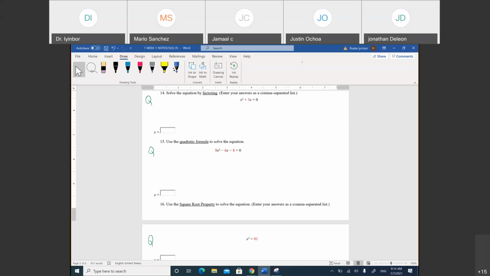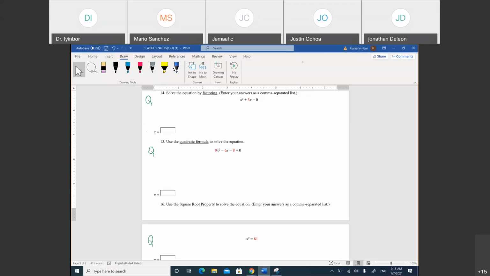And also there's another method called completing the square, which is a very long method, and I can show you how that works, but it's long. The quadratic formula does the job faster and easier, okay? So the quadratic formula and completing the square work for any quadratic equation. Factoring and the square root property work only for specific types of equations.